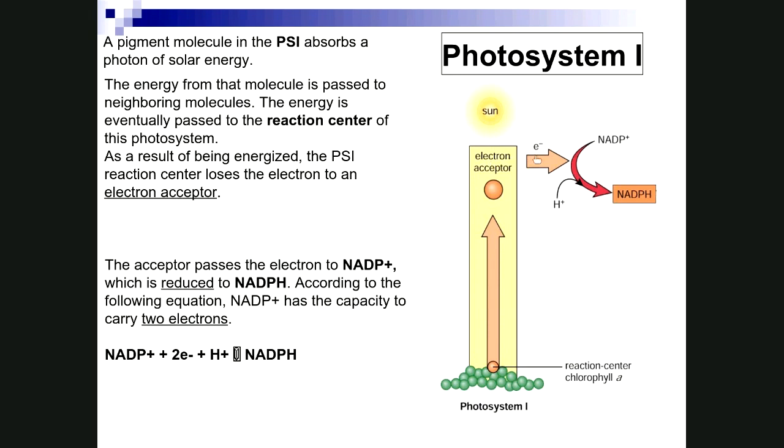Well, not indirectly. The electrons are moved, and then the electrons are accepted by NADP+, and we're making NADPH here. In this case, 2 electrons are being accepted here, and we have NADPH. Yeah? So again, photosystem 1 is indirectly responsible for making NADPH in this case.